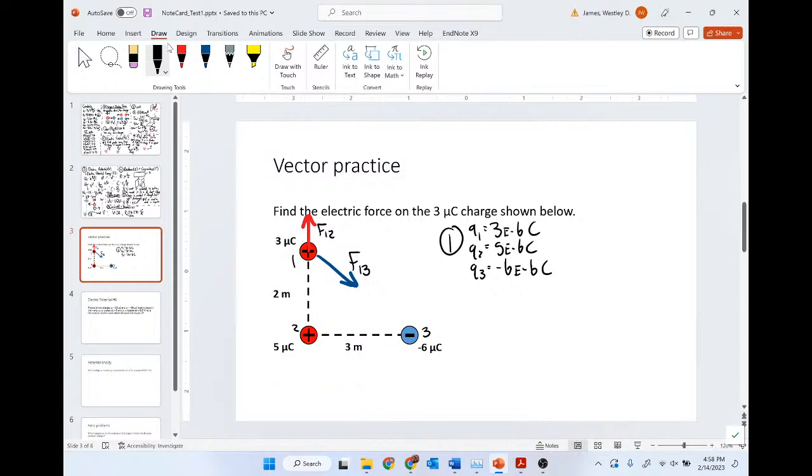We are finding the net force acting on charge 1 in this case, F net on charge 1. Again, I labeled these, so I'm going to call this charge 1, just to clarify which one I'm doing. I don't care what's happening to the other ones.